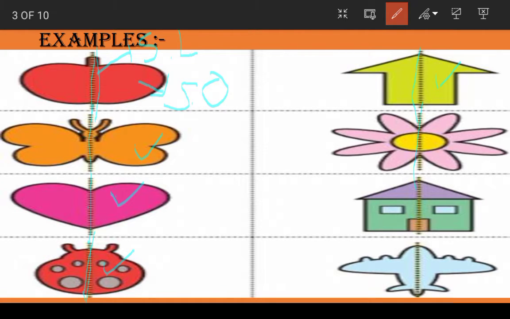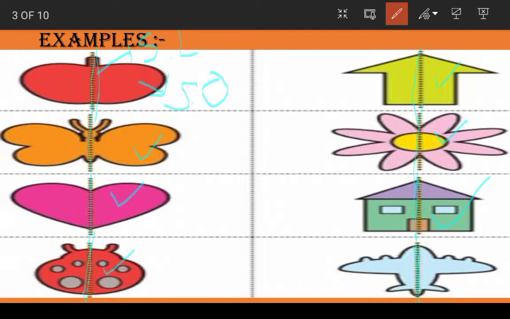In the flowers, there are so many intricate patterns. It is so attractive, but it also follows the symmetrical object and line. And this is a home, this is the line of symmetry and this is the object. The aeroplane in which you travel also follows the line of symmetry.